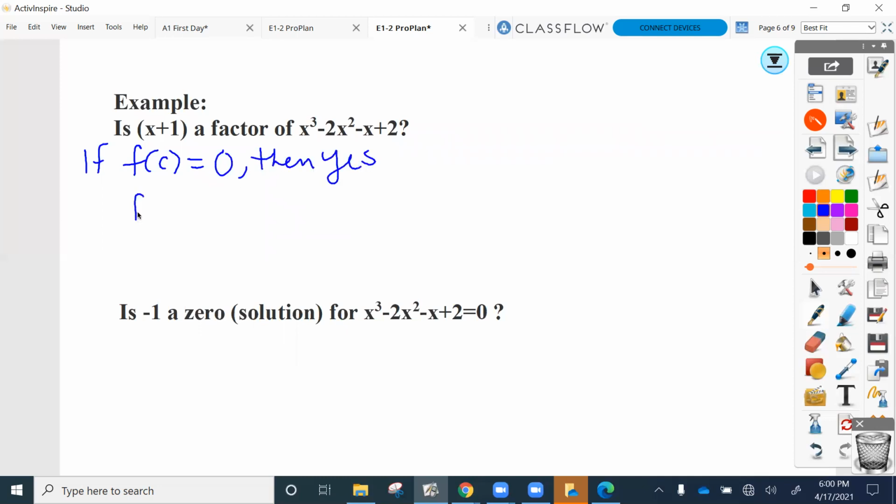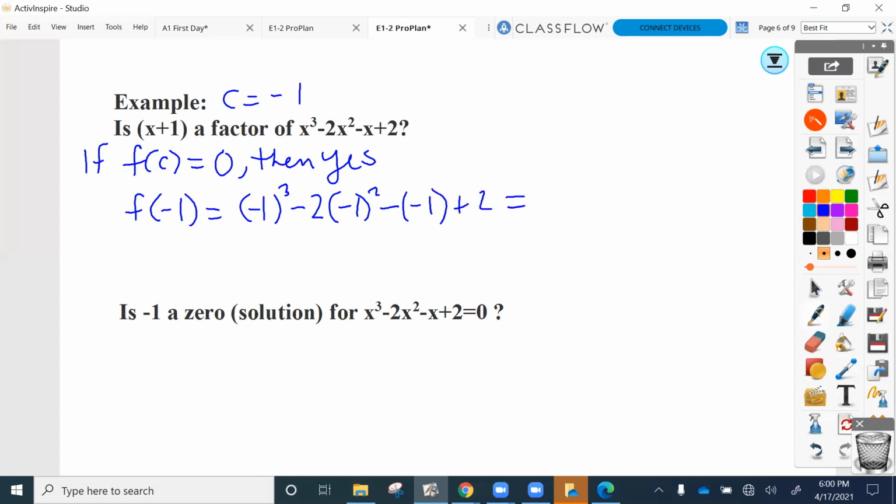So let's see, our c value is negative 1. So we're going to put f of negative 1 into this function: negative 1 cubed minus 2 times negative 1 squared minus negative 1 plus 2. And if you put that in your calculator, then you would find that yes, it is equal to 0.